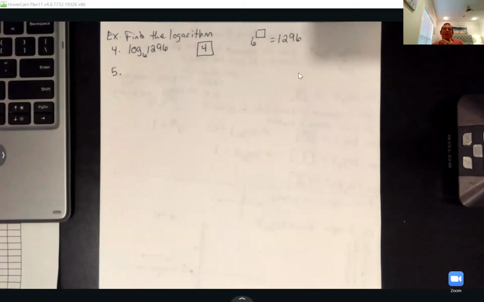Now I've got to put in the 7th root of 5. So remember, you got to hit the 7 first, go to math, and you'll see option 5 is an X in front of the radical. So hit option 5, and look what it does. It makes the radical with the index, and then put in your 5.